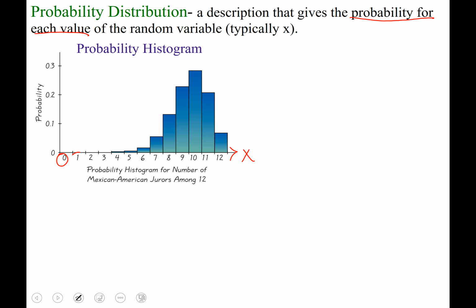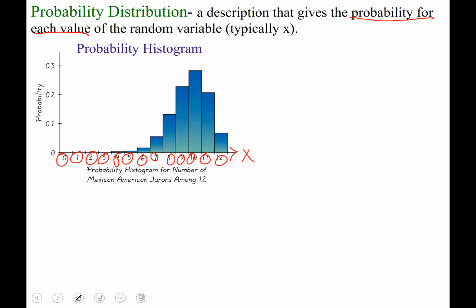So you could have 0, 1, 2, 3, 4, 5, 6, 7, 8, 9, 10, 11, or you could have 12. Those are all the possible values of X for a jury that has 12 members, and those are all the possible counts of Mexican Americans sitting on that jury.